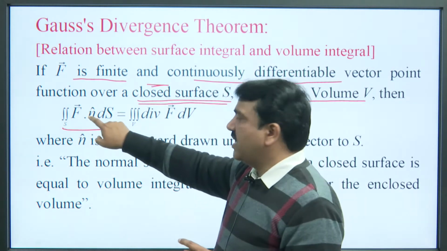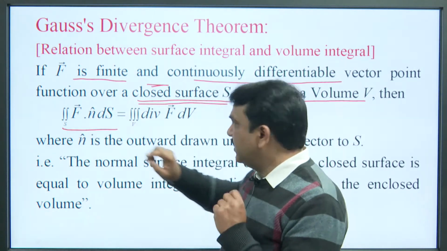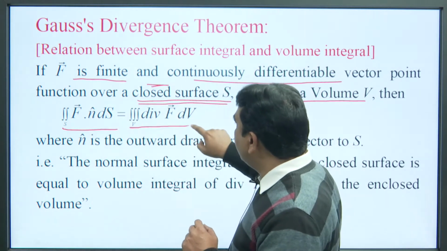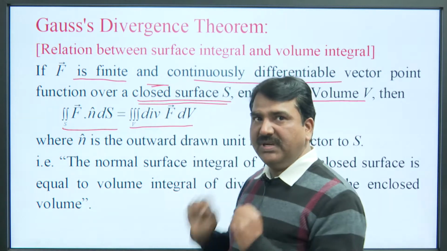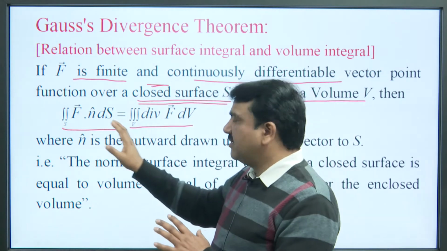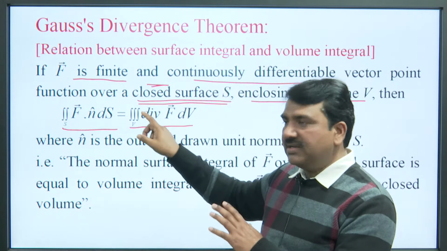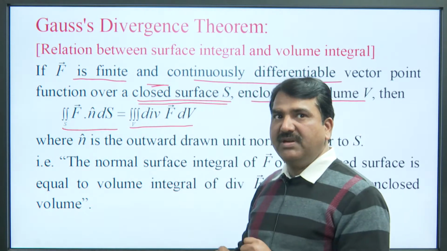The surface integral of f dot n over S is equal to the volume integral of divergence of f over V. So, in divergence theorem, double integral f dot n dS is equal to triple integral of divergence of f dV.